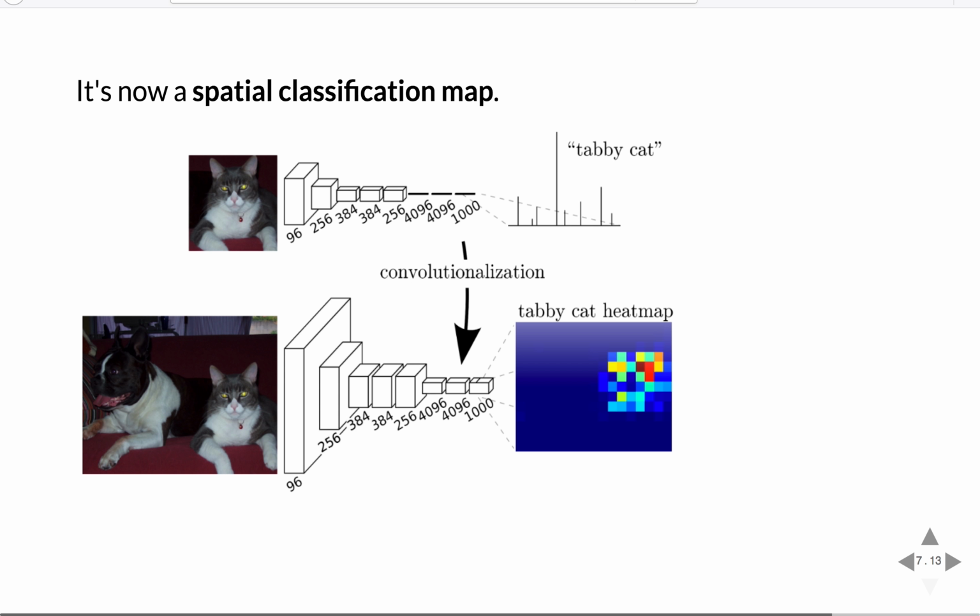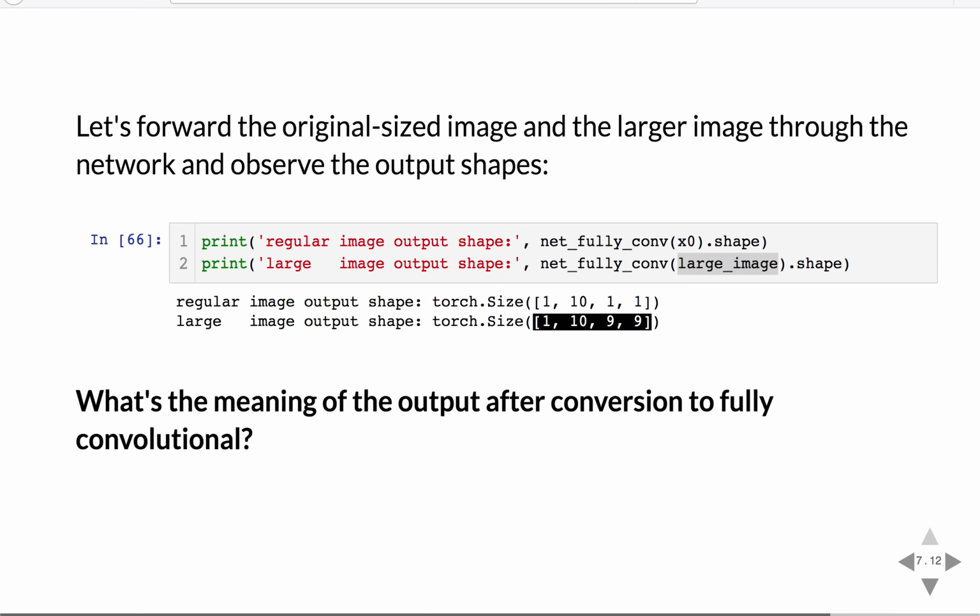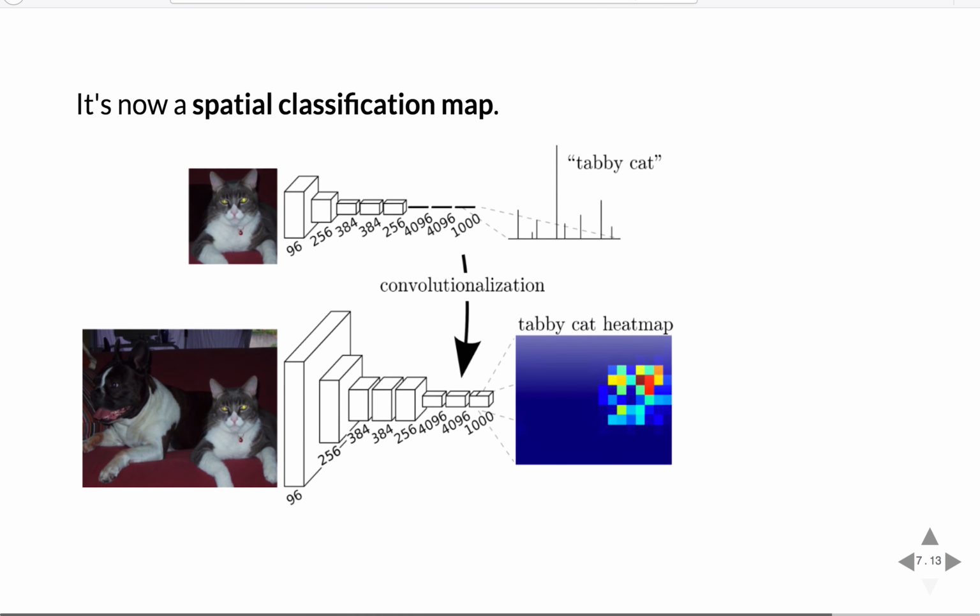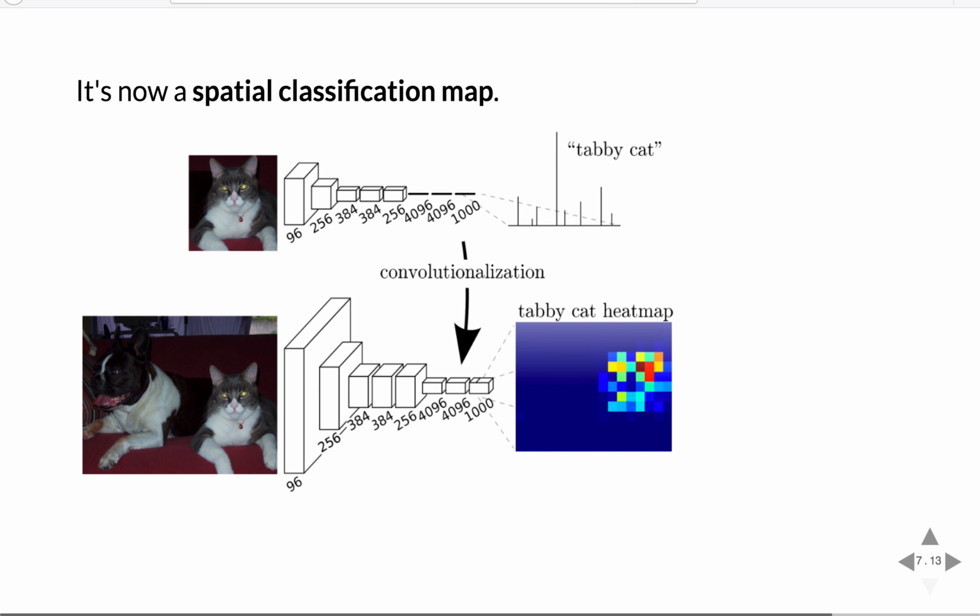You have to calculate the dimensions. So if you want to understand why it's 9, you need to calculate it. It makes sense, but you have to calculate it using the formulas from before. So the idea is you slide your filters over the image, and at each point you get 10 numbers, which are the class probabilities, or the class scores at least.